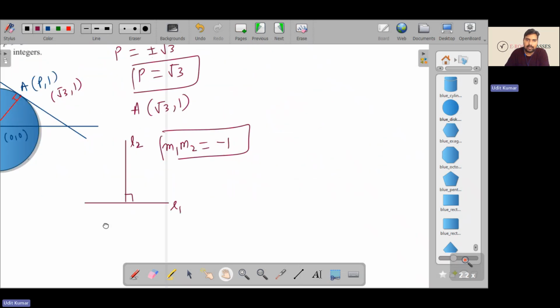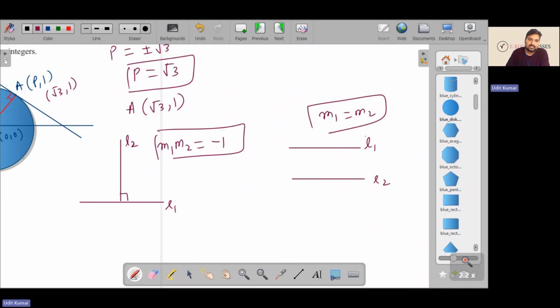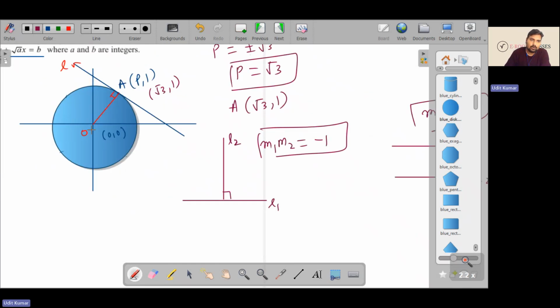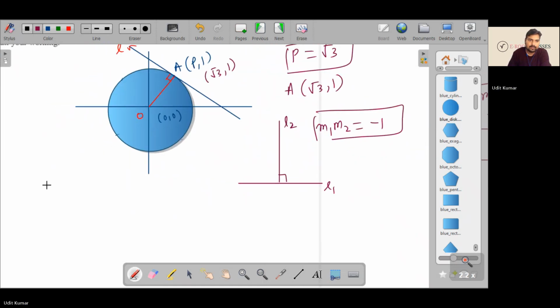And if the two lines are parallel, let's say L1 and L2, then their slopes are equal, right? Now, in this case, this line OA is perpendicular to this line L, right? So what will be the slope of OA?